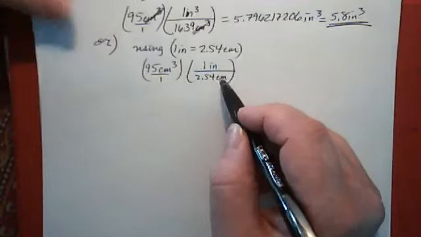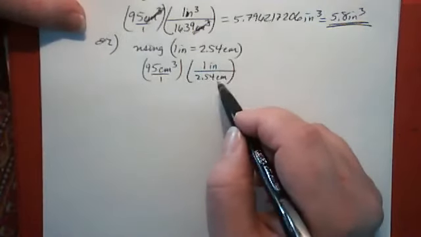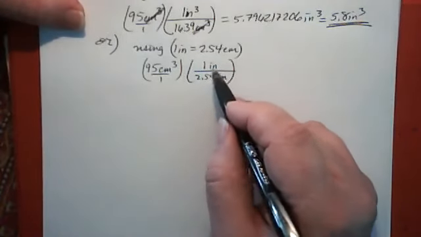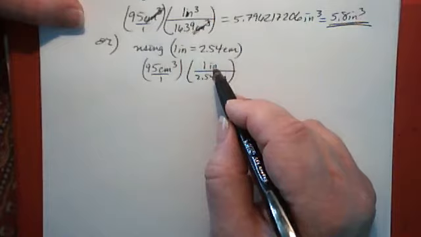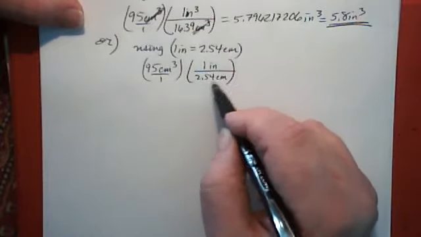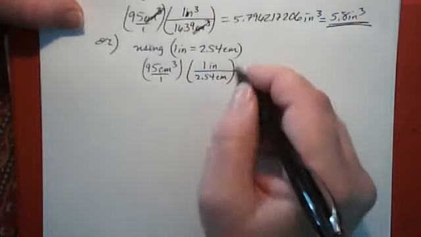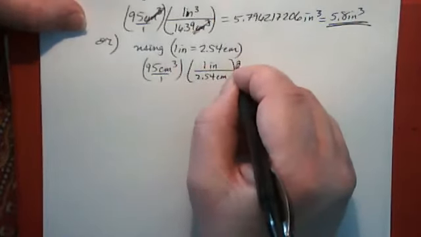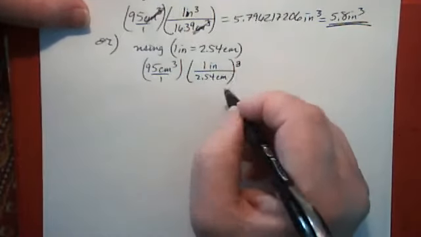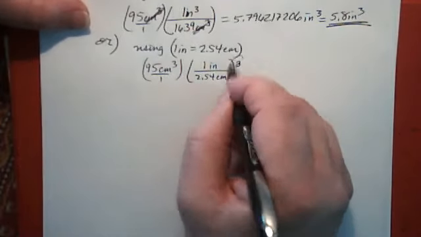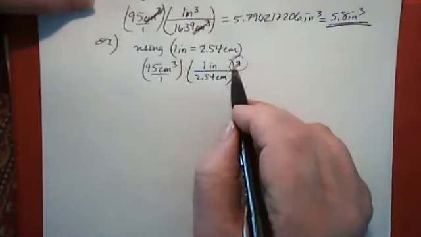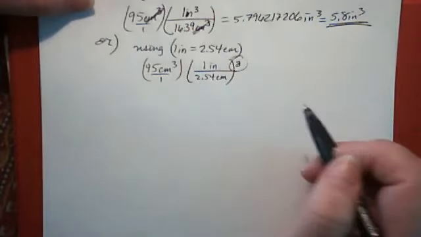So we need this factor here to apply to cubic centimeters. And we also need it to apply to cubic inches. But if we're going to cube the units, we have to cube the numbers too. And we can do that simply by putting a 3 outside the parentheses. That 3 there, and I'm going to circle it just to emphasize it, applies to everything inside the parentheses.